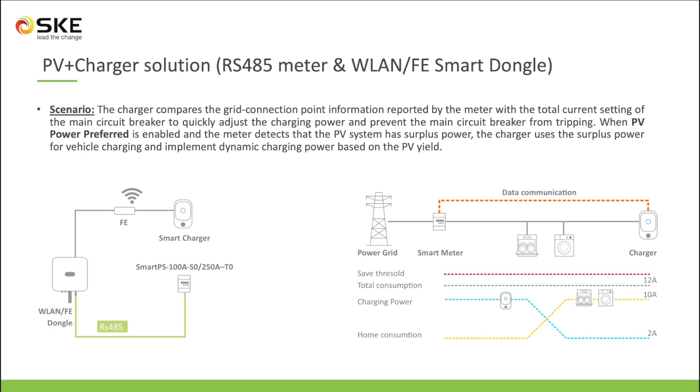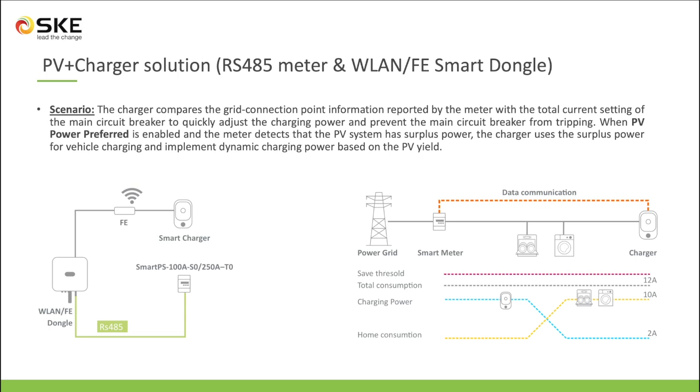So in this type of scenario, the charger compares the grid connection point information reported by the meter with the total current setting of the main circuit breaker to quickly adjust the charging power and prevent the main circuit breaker from tripping. When PV power preferred is enabled and the meter detects that the PV system has surplus, the charger uses the surplus power for vehicle charging and implements a dynamic charging power based on the PV system.